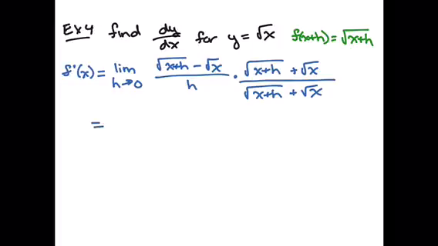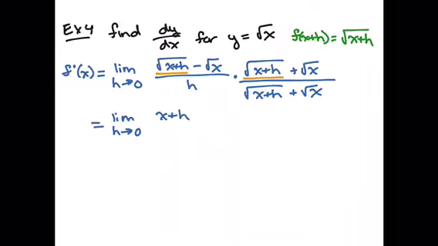So in the numerator, when I multiply this out, the middle terms are going to cancel because it's a difference of squares, and the first term is going to give me just x plus h.